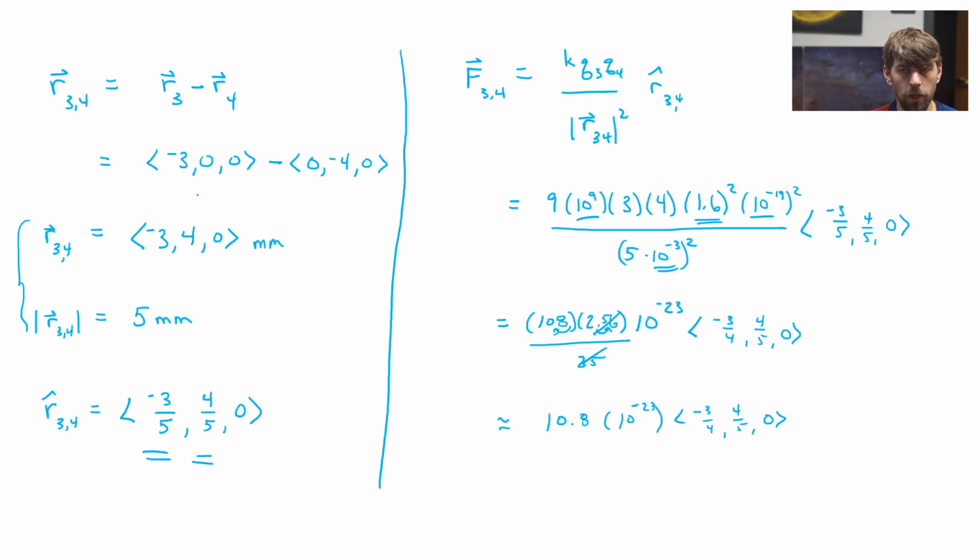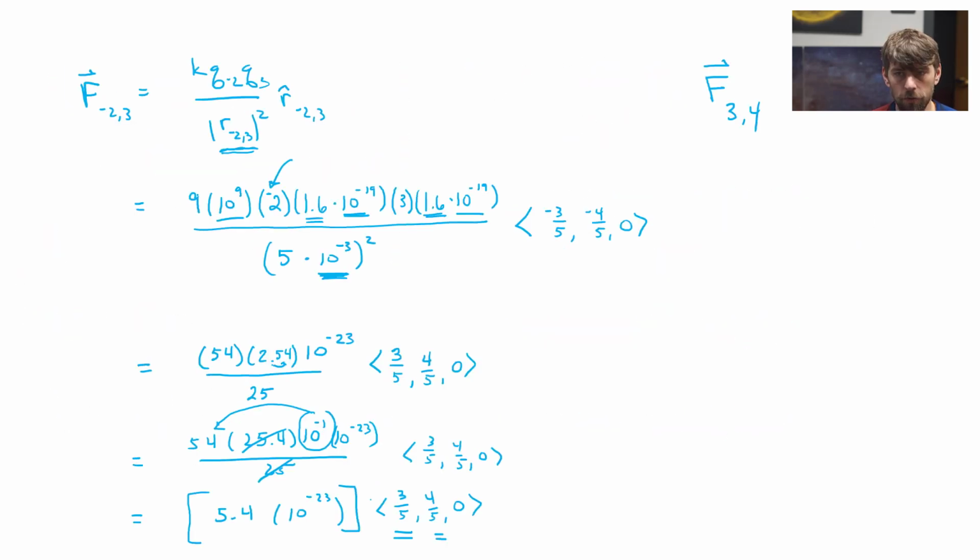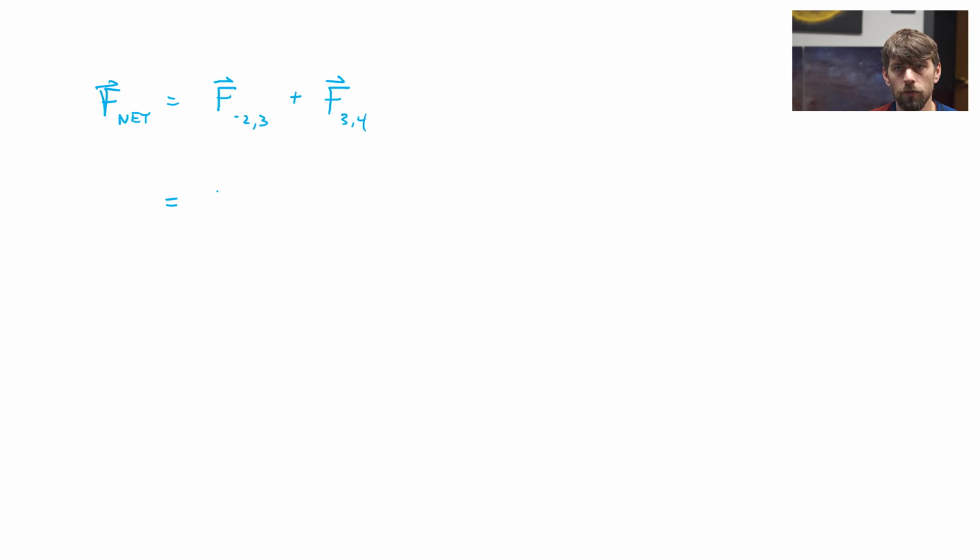Well, for the first one, I apologize, I've already forgotten, 5.4. So for this first one, we had 5.4 times 10 to the negative 23rd times 3/5, 4/5, 0.